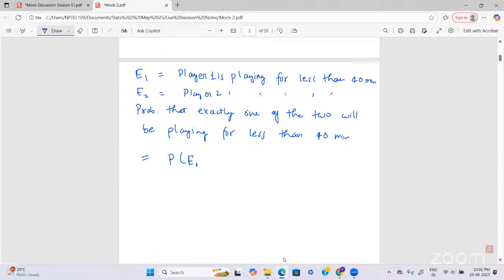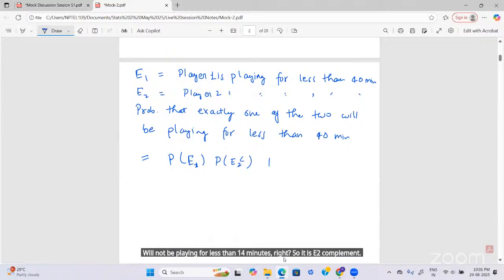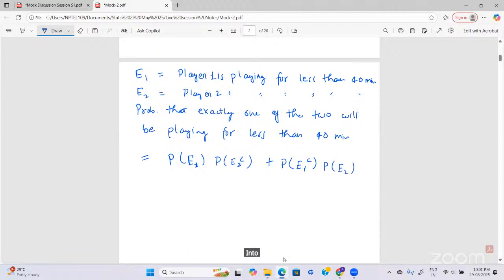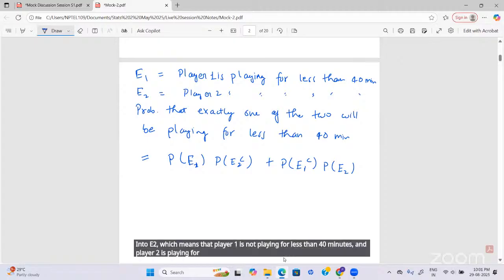Exactly 1 means if the first player is playing for less than 40 minutes, then the other player will not be playing for less than 40 minutes, so E2 complement. Or we can write E1 complement into E2, which means that player 1 is not playing for less than 40 minutes and player 2 is playing for less than 40 minutes.